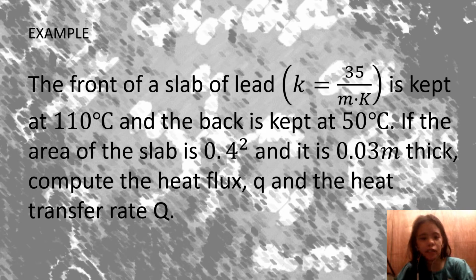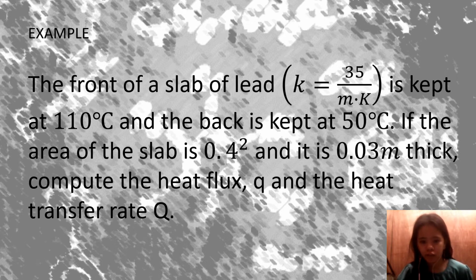So this is an example of a problem. The front of a slab of lead, k equal to 35 W/m·K, is kept at 110 degrees Celsius, and the back is kept at 50 degrees Celsius.